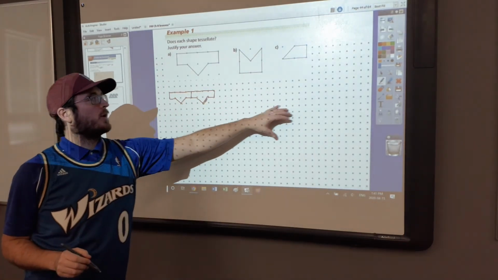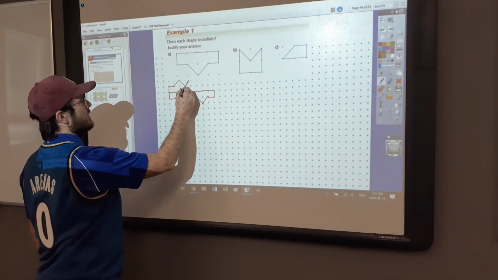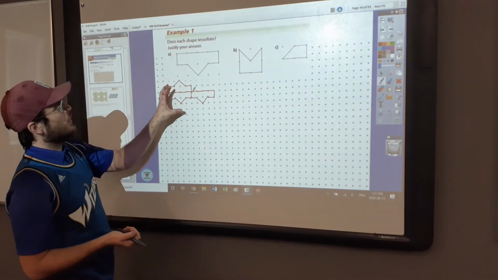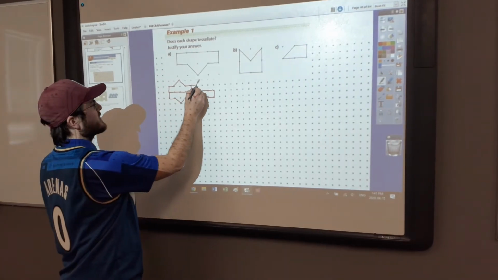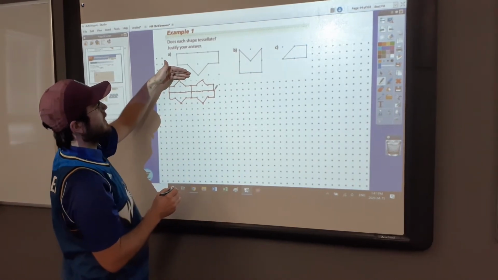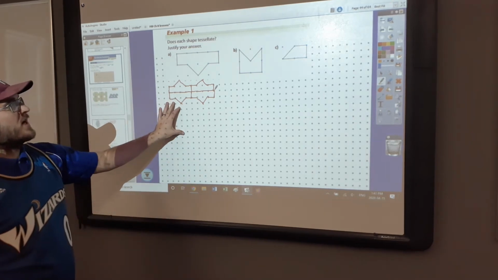I could keep going, but you might even be able to do this one even further, like that. But you're going to at some point get stuck because of the triangles. So does this shape tessellate? Yeah, I could tessellate once. You could say this is 360 degrees, but where would I go from here? You're going to run into trouble. So this one doesn't tessellate.